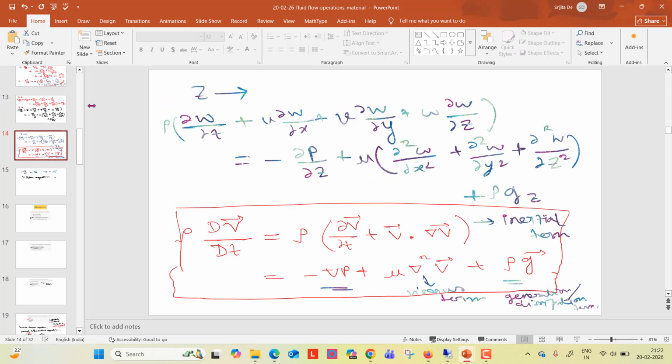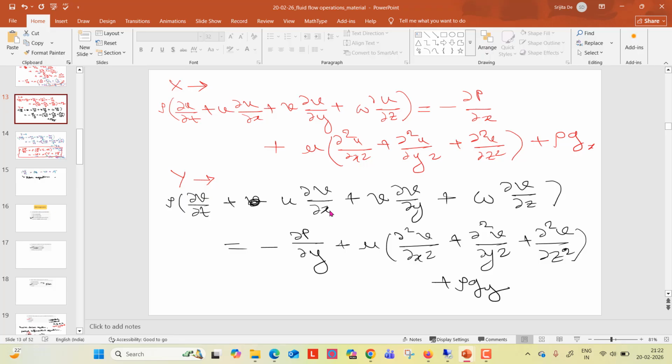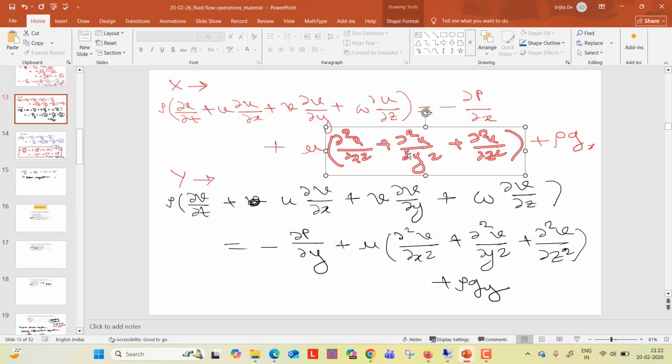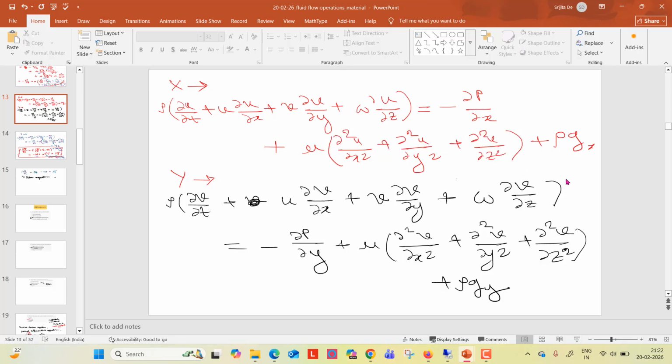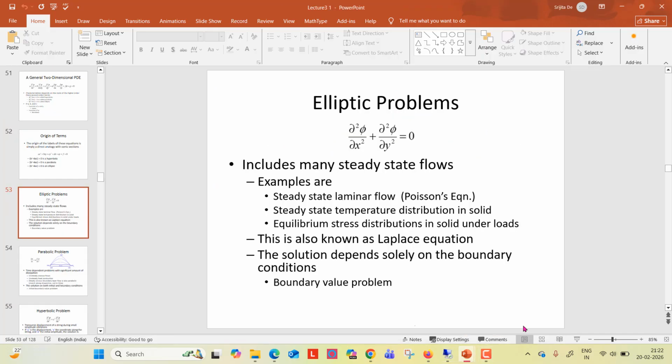Suppose the inertial term is 0, there is no pressure gradient, there is no body force, and only this term is present, then it is called the elliptic flow. Only the viscous flow is there, and it is written as steady state laminar flow, the Poisson's equation.